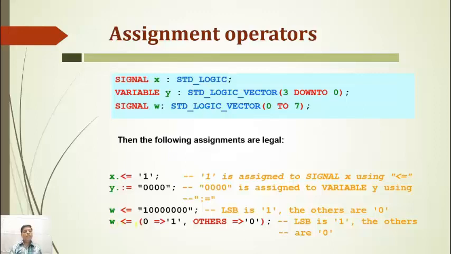W less than or equal to, 0 equal to greater than 1, comma, others equal to greater than 0. Bit 0 is 1, others are 0. The LSB is 1, the others are 0.